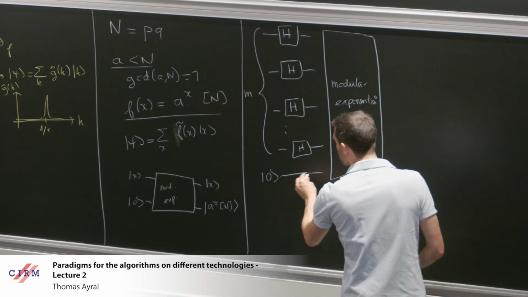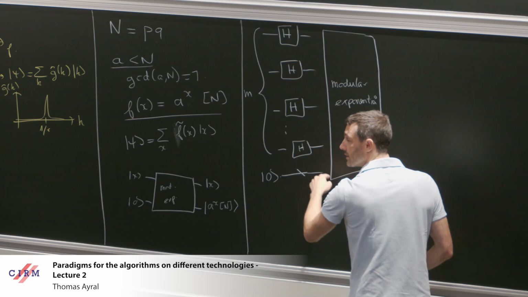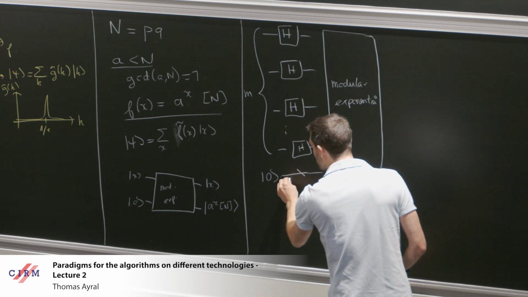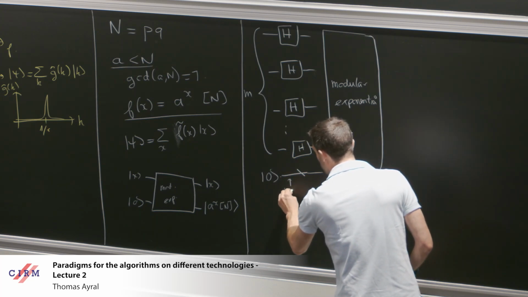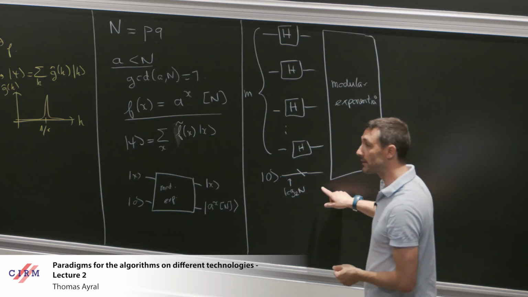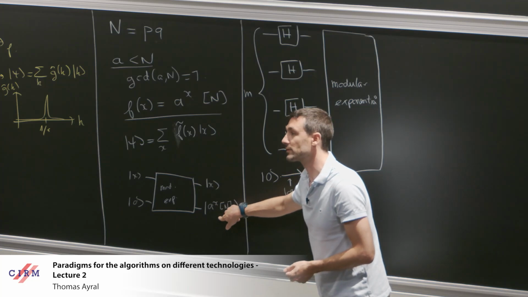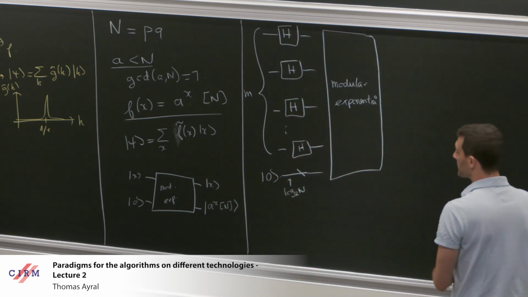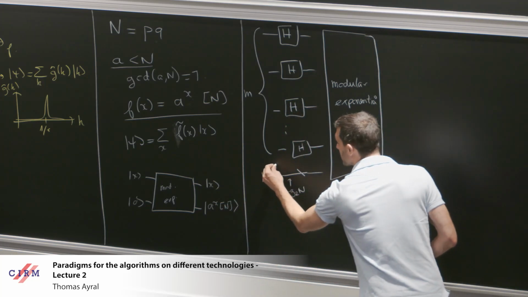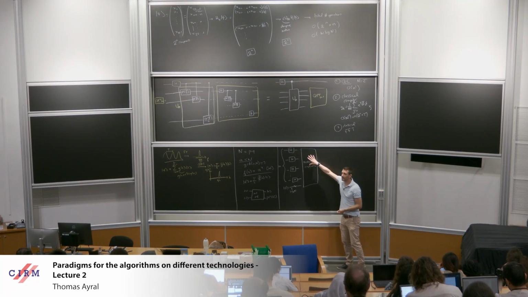And so here, let me also advertise the fact that this is several qubits here. In fact, the number of qubits in this line is, for a reason you can easily understand, log 2 n, because that's the number of bits I need to store a number which is modulo n, because the maximum is n. Okay? So this is not one qubit, it's several qubits. All right? So now I suppose I have such a block. Of course, there's a lot of work in this box, how to do this circuit, but it's not really what I want to focus on.